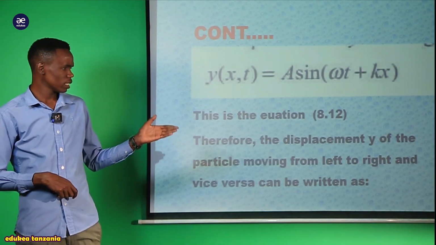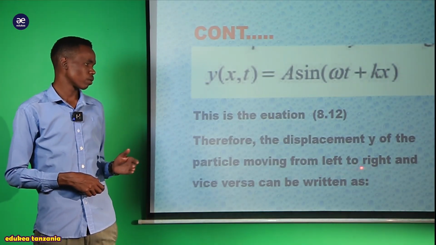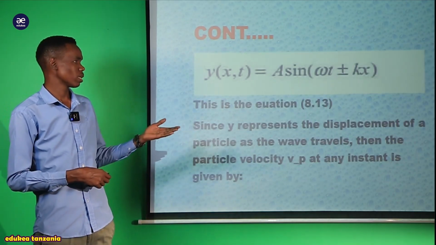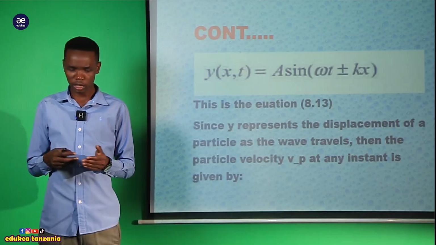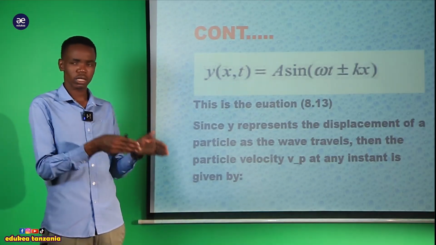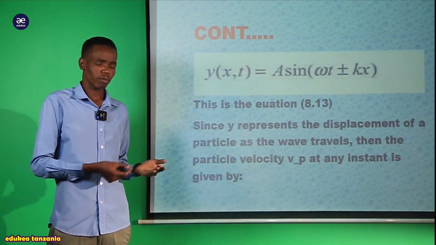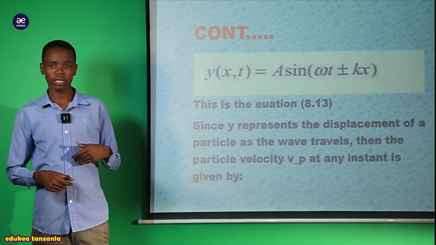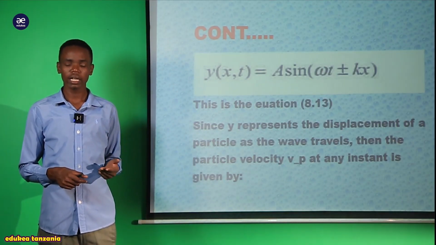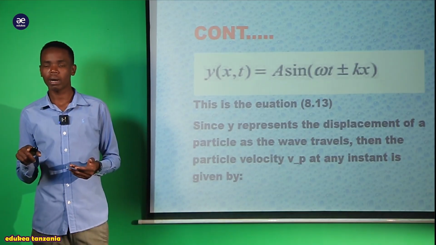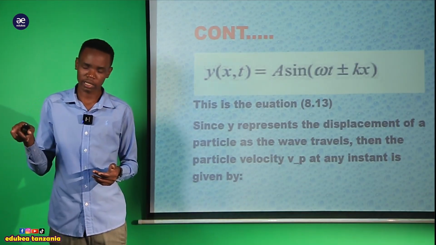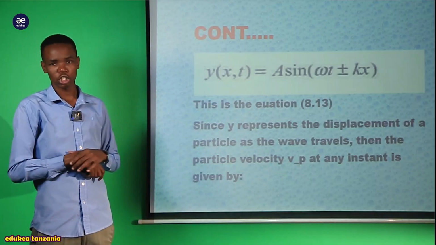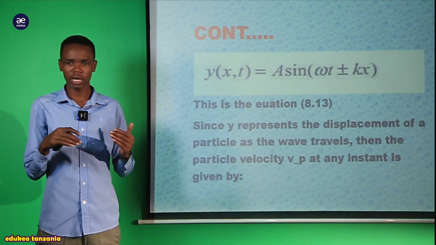So therefore, the displacement y of the particle moving from left to the right, wave vice versa can be written at this way. Kwa sometime ukiwa na particle sasa zina move, zinaenda kulia, zinarudi kushoto, displacement yake, my dear student, itakuwa ni sawasawa na a sin bracket wt plus or minus wa kx, ikiwa inamaanisha kwamba anapokuwa anaenda kulia utapata equation mbili, anapokuwa anaenda kulia na anapokuwa anaenda kushoto.